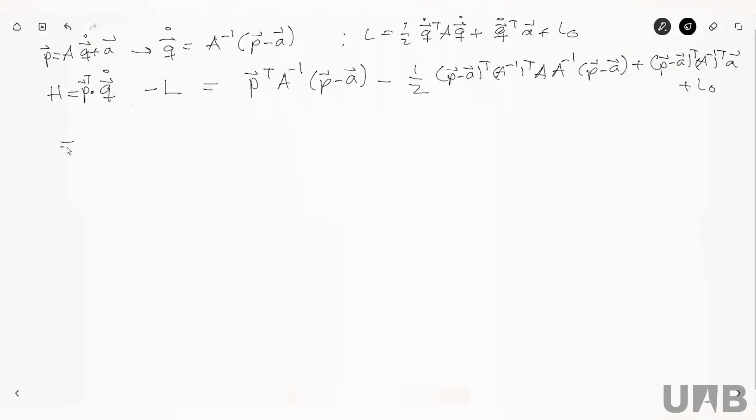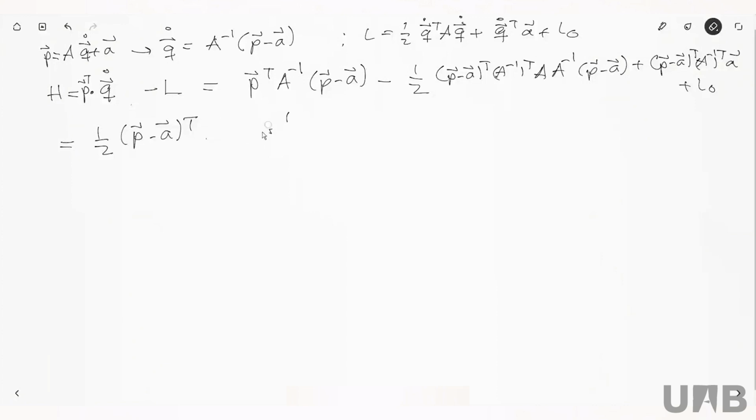So all in all, you compute all these things and you organize the calculation, and what you find is that this is nothing but 1/2 of p minus a transpose A minus 1 times p minus a, minus L0. So I'm going to give you the answer already.